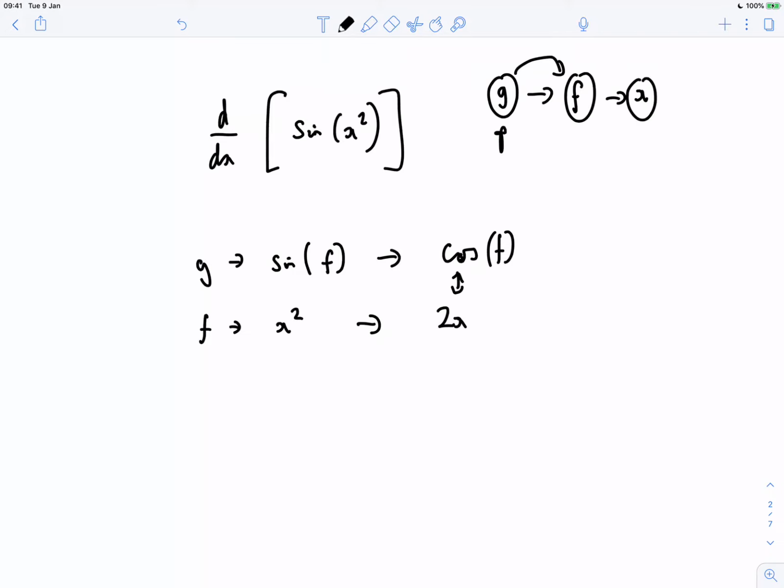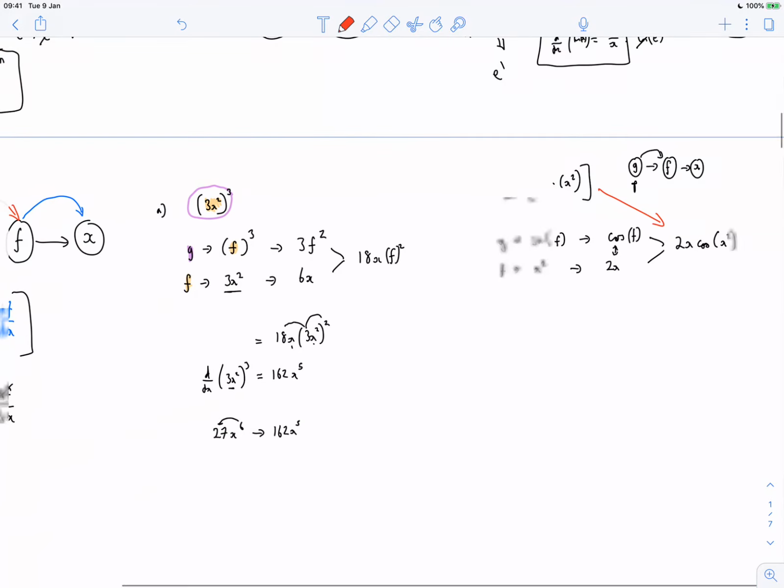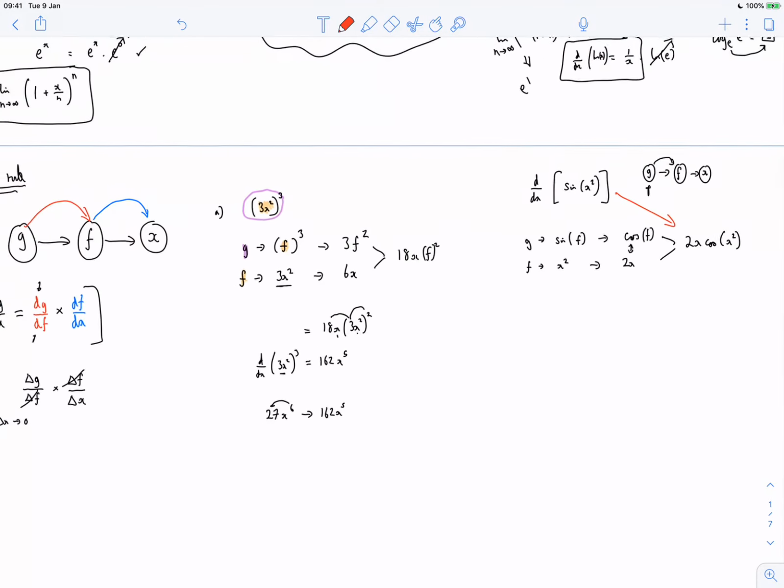Multiply these two things together, and you'll get 2x times cosine of f. And I know what f is, that's x squared. So what I'm saying is that sine of x squared differentiates to 2x times cosine of x squared. And this is really nice because when you get good at this stuff, you can rattle these things out really, really quickly.